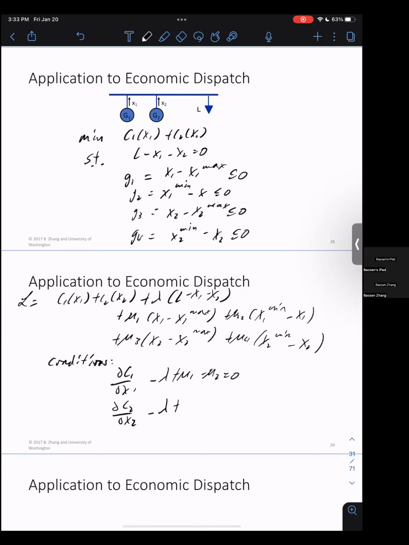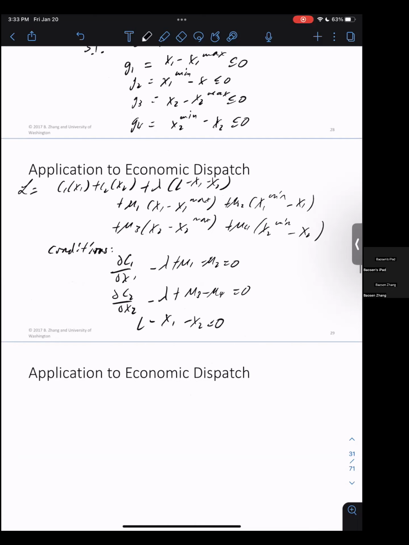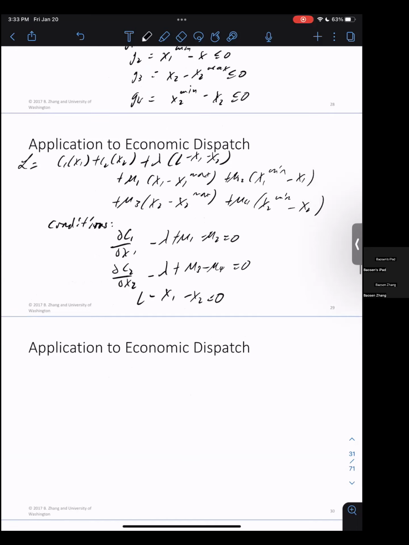Then for x2, and you have the equality constraint. Then we have, so you check, you have all the inequality constraints.